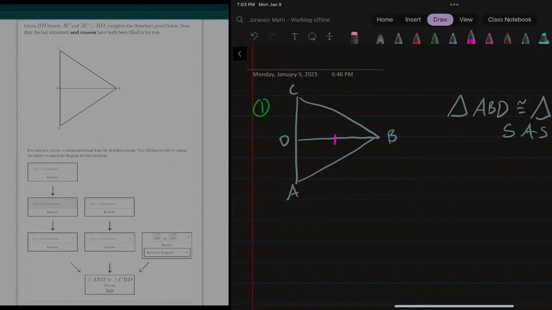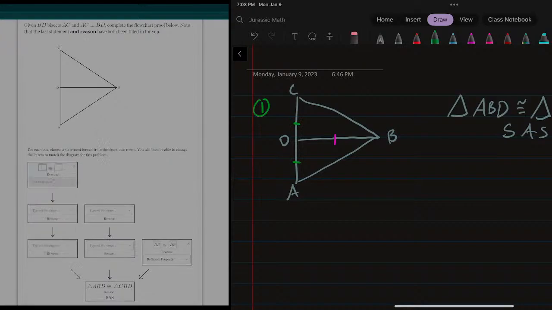Now, on the other left-hand side, the very first one is usually going to be some type of written statement. So it says, given BD bisects AC and AC is perpendicular to BD. So my first thinking is going to be, since BD is bisecting CA, that means this and this are congruent. So I'm going to say CD is congruent to AD.